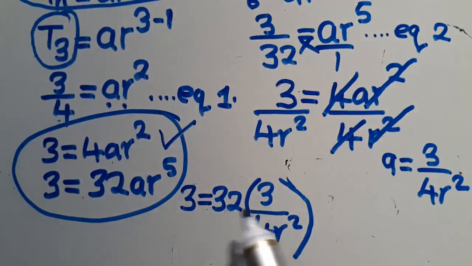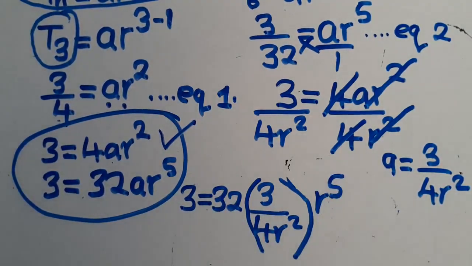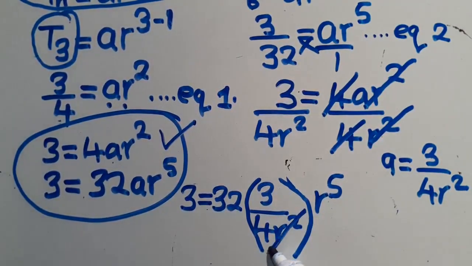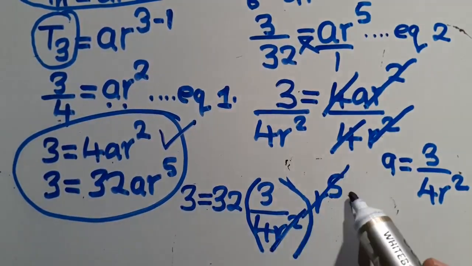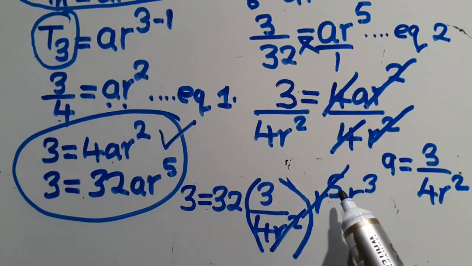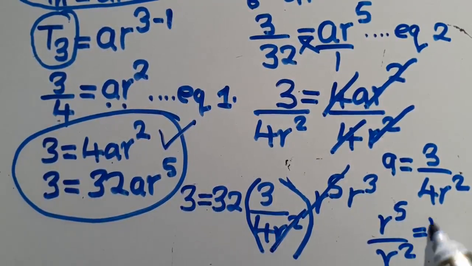So then I'm going to have r power 5. You know that here, this r squared cancelled, remain with r cubed. When you're dividing, when you say power 5 over power 2, it is just the same as r to the 5 minus 2.